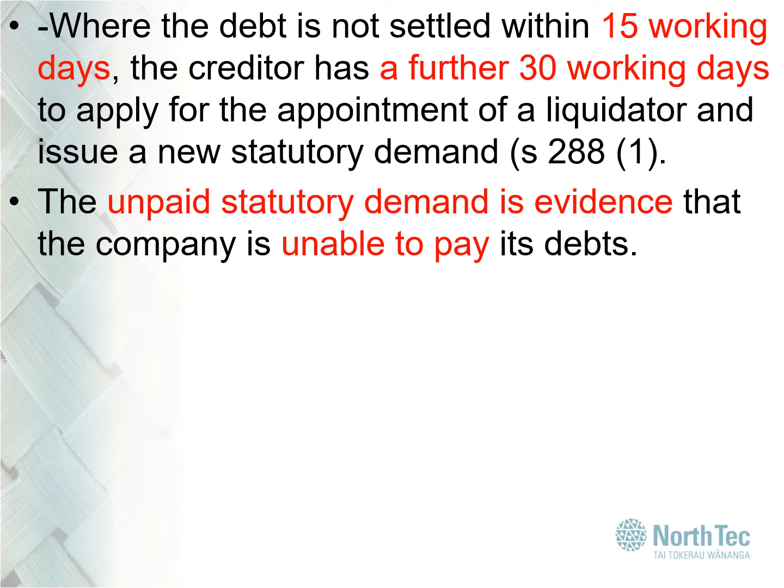The unpaid statutory demand is evidence that the company is unable to pay its debt. So easy, that's where it all starts. The statutory demand is served, and if that company cannot pay it, then that statutory demand will be the evidence that this company is unable to pay its debts.